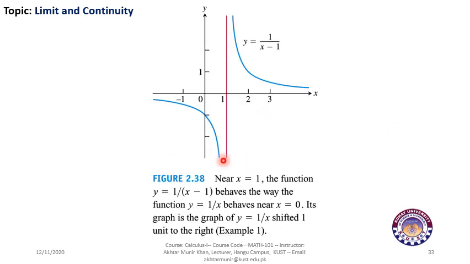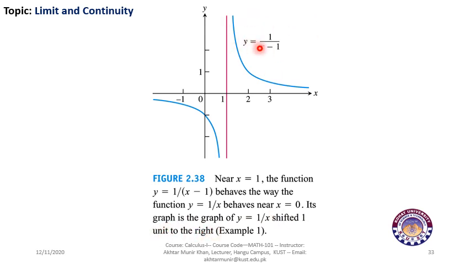Consider another example, y equals 1 divided by (x − 1). As we move towards 1 from the right, the limit as x approaches 1 gives us plus infinity. So near x equals 1, the function behaves the way y equals 1 over x behaves near 0. Its graph is the graph of y equals 1 over x shifted 1 unit to the right.